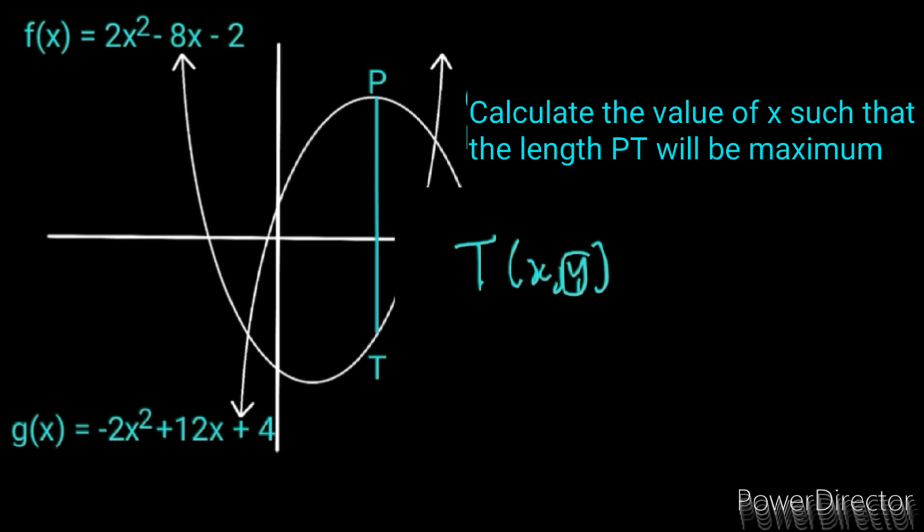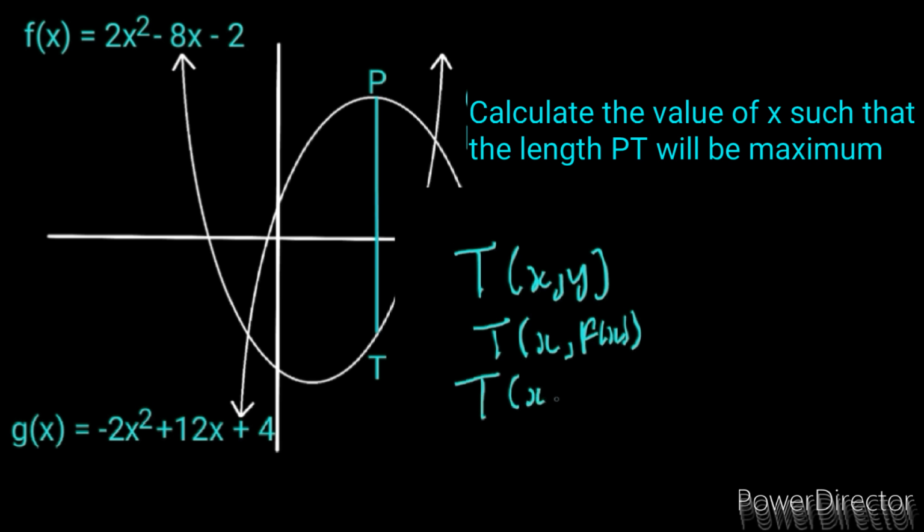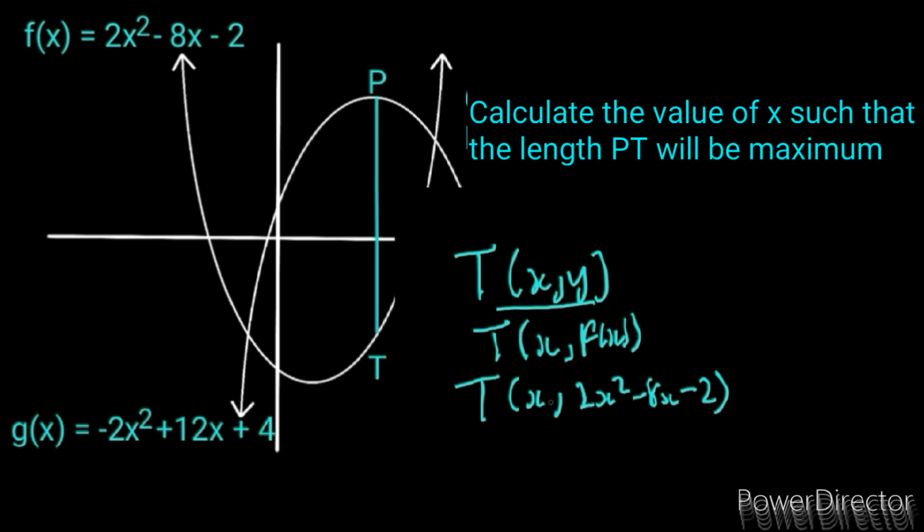Notice that y is the same as f(x), so we'll just replace it with f(x). Since f(x) is this equation, we will write everything exactly the same except for this part, which is 2x squared minus 8x minus 2. We always have to write this in terms of its equation.